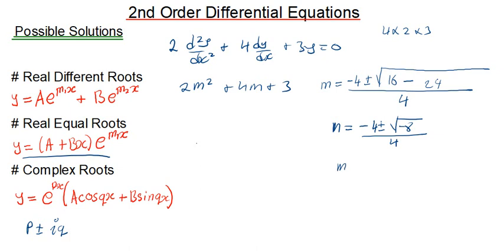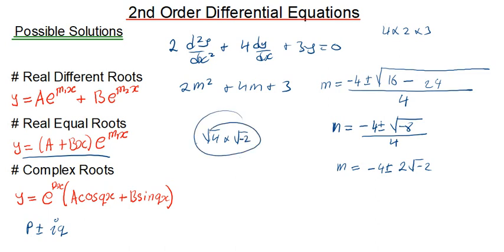So m is going to be equal to minus 4 positive or negative, we're going to get 2 root negative 2. Where am I getting this from? Let me write it as root 4 multiplied by root negative 2.